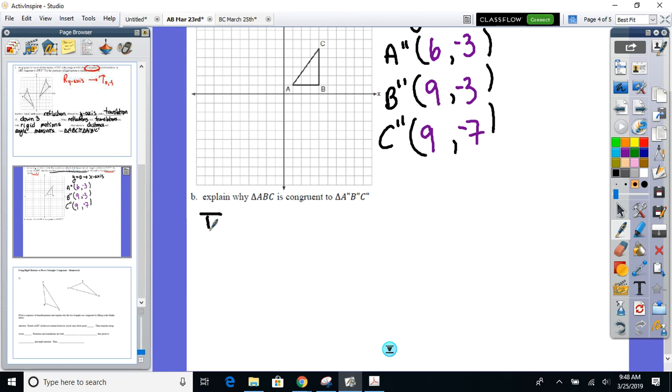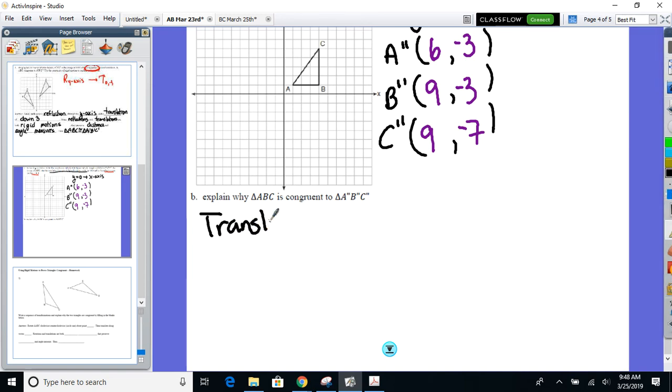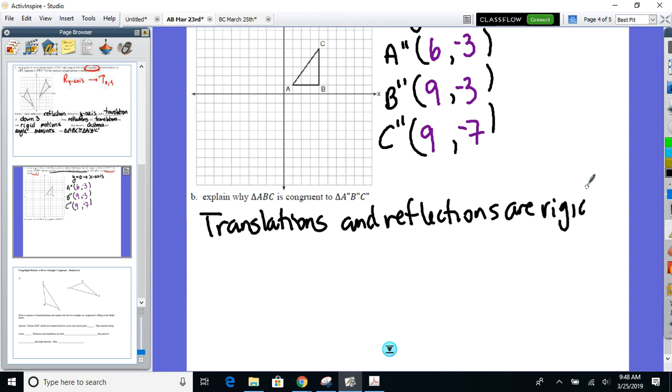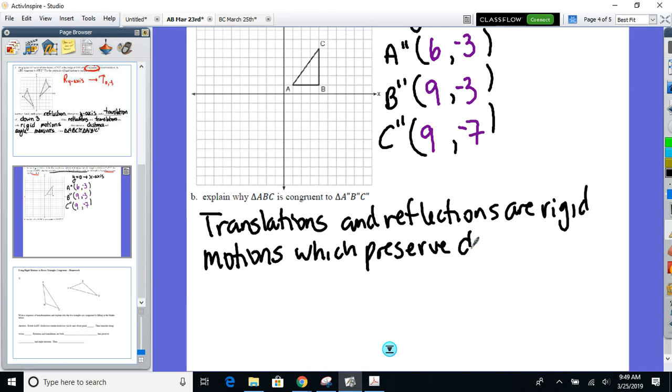So we translate. So translations and reflections are both rigid motions, which preserve distance and angle measure.